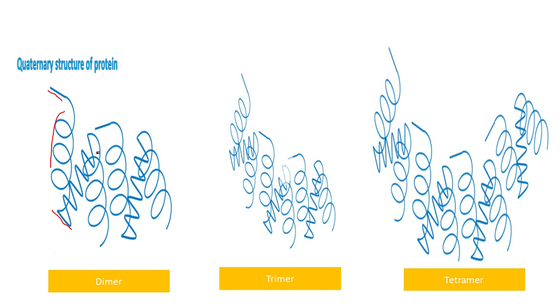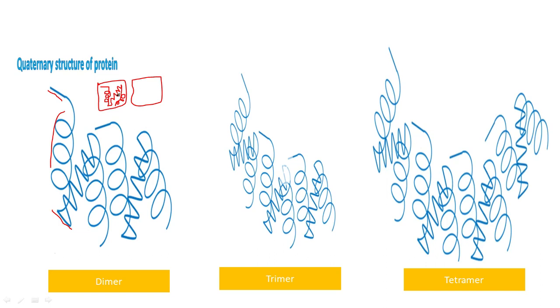Let's say this is one monomer, and this is another monomer, so it is a dimer. Among this, the primary structure, alpha helix structures, and beta sheet structures are arranged together in a 3D space, forming a monomer.